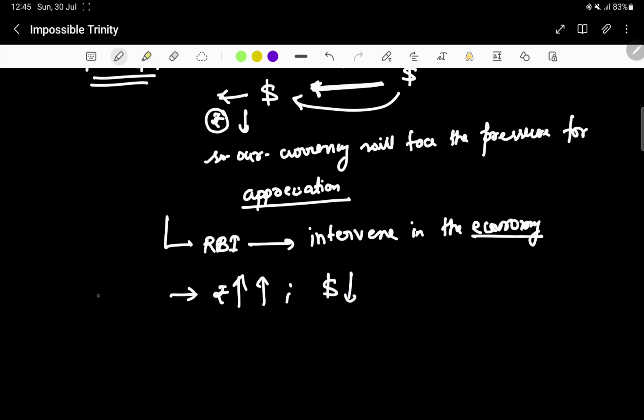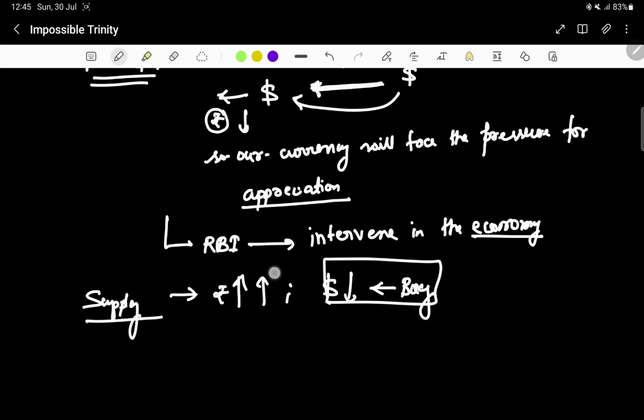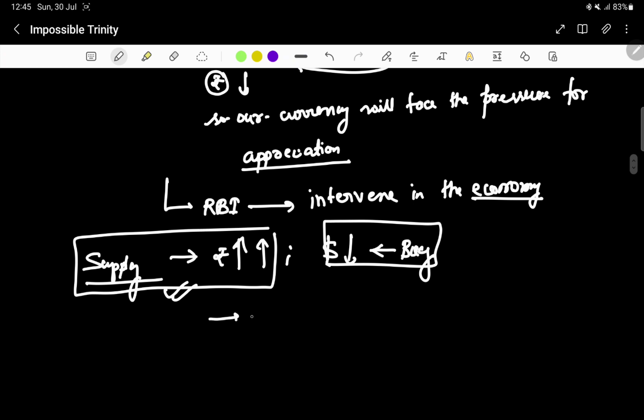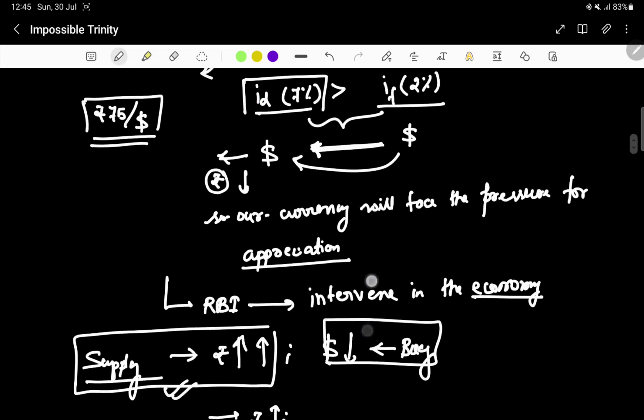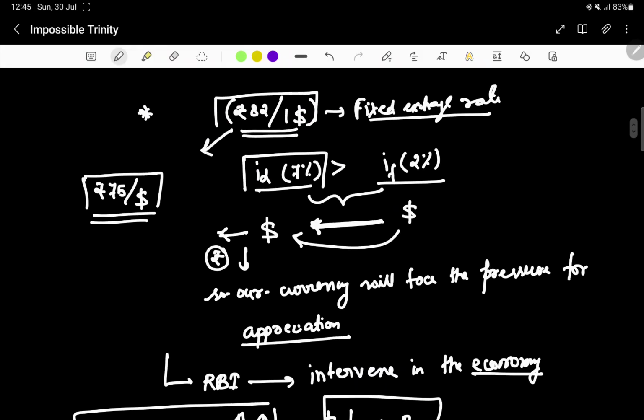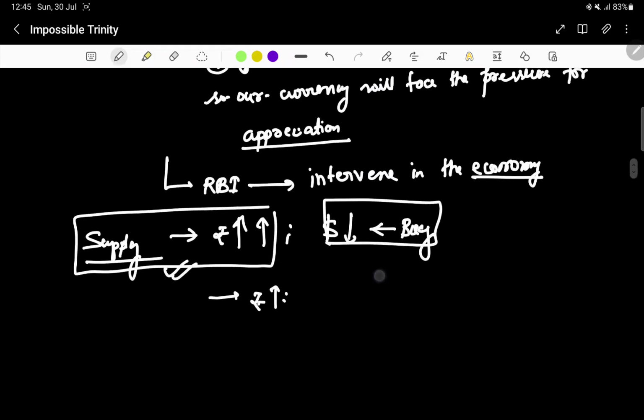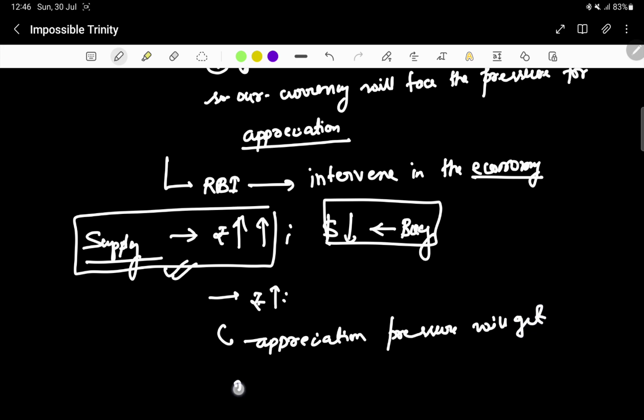When you buy dollars and supply rupees, it will increase the supply of domestic currency in the economy. So the appreciation pressure which was building with the inflow of dollars in your economy will get nullified.